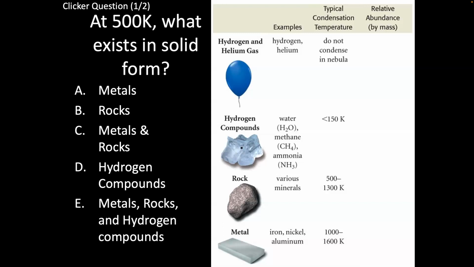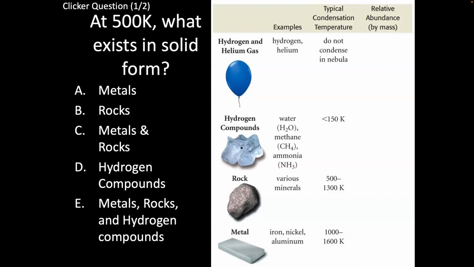That temperature is the minimum temperature for it to exist in a solid form. Condensing is solidifying, so anything cooler than 1600 Kelvin, but above 500 Kelvin in that range would solidify.